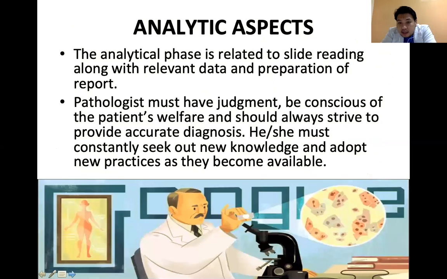Okay, analytical phase naman, class, it's being read by the pathologist. Okay, so judgment or be conscious of the patient's welfare and should always strive to provide accurate diagnosis. So he or she must constantly seek out new knowledge and adopt new practices as they become available.